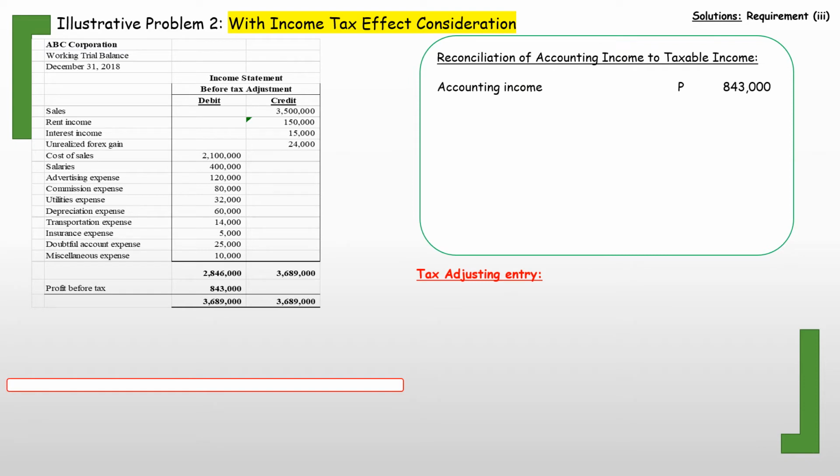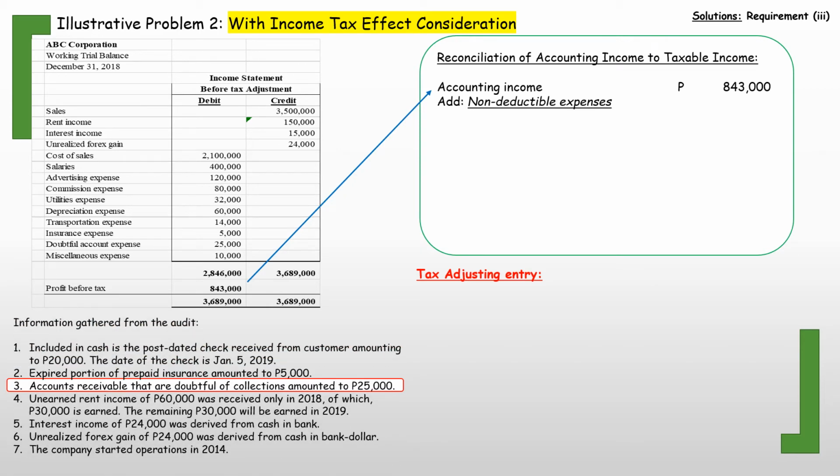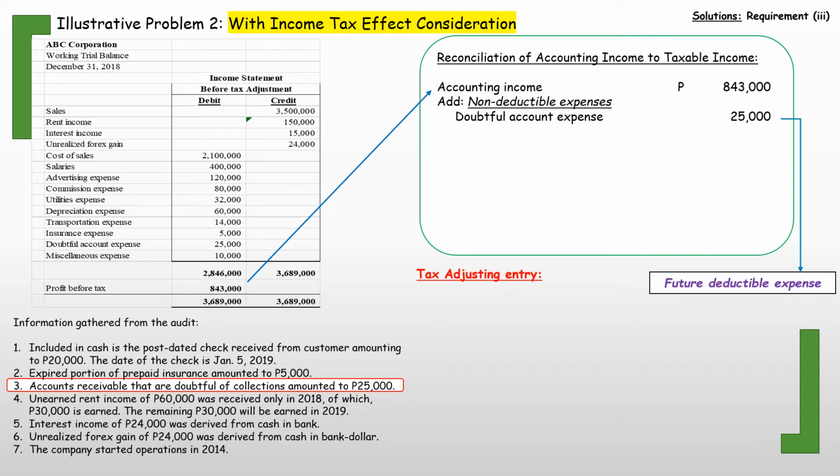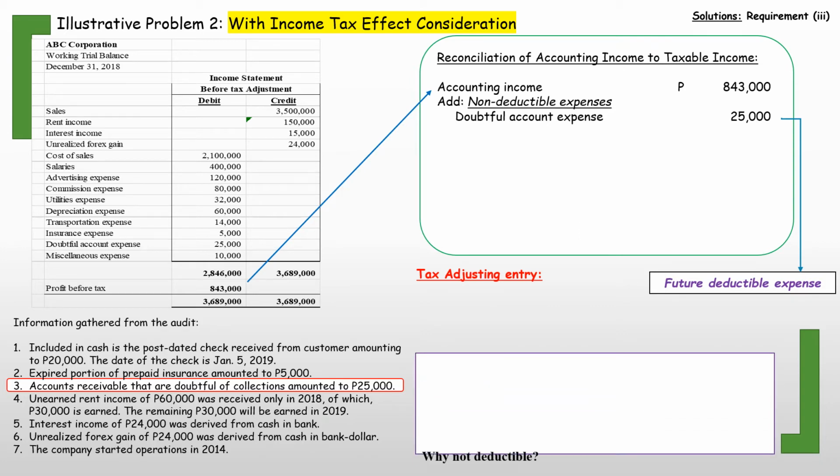This is how we do the reconciliation of accounting income to taxable income. We will start with the accounting income, which is yung profit before tax. Accounting income, 843,000. Then add natin yung non-deductible expenses. Based on our audit information, yung doubtful account expense is a non-deductible item. This account is a future deductible expense.